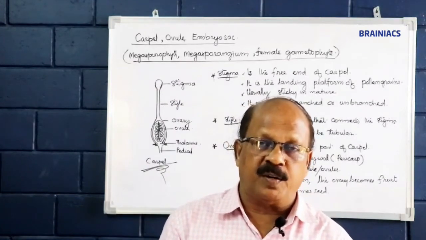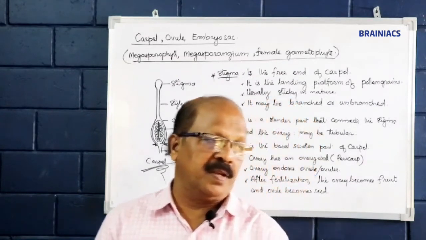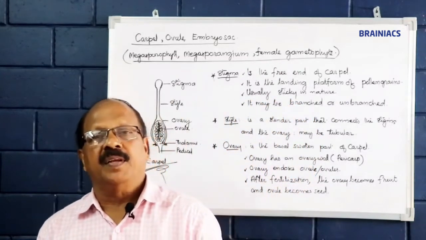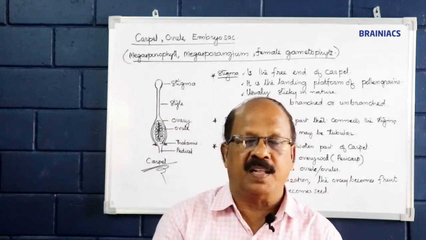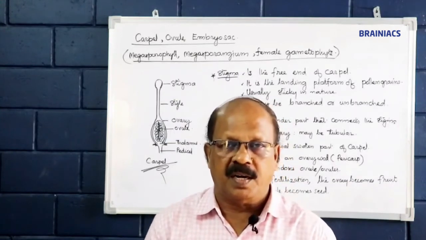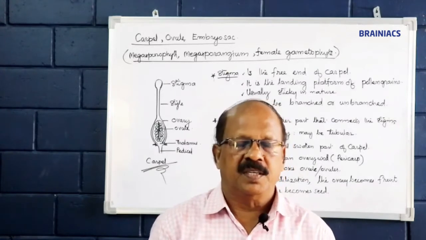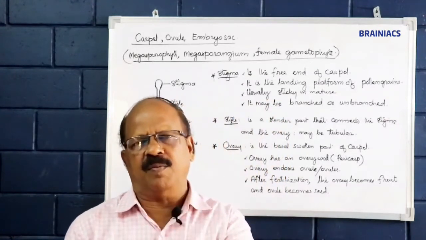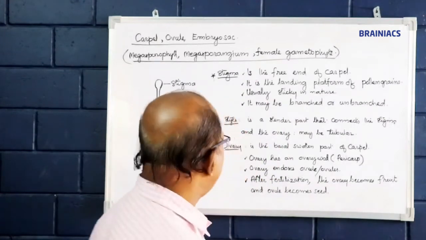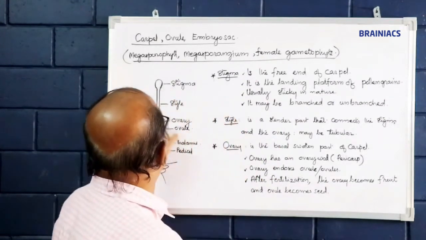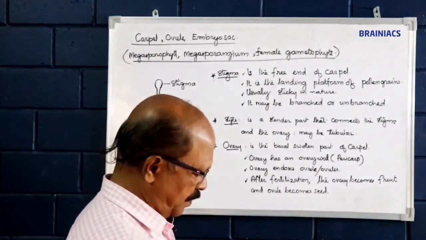If they are all united to form a single ovary, called syncarpous condition. And if in a multicarpellary condition the carpels are free from one another, it is called apocarpous condition. Example, rose. See, apocarpous condition already learned in our morphology of flowering plants. So that is about carpel, stigma, style, ovary.